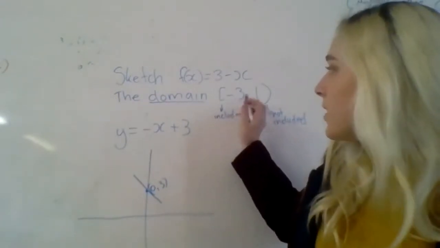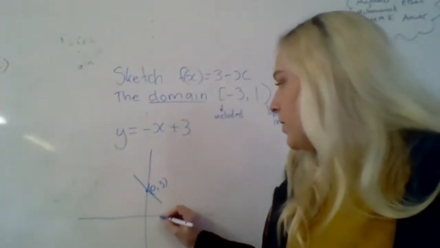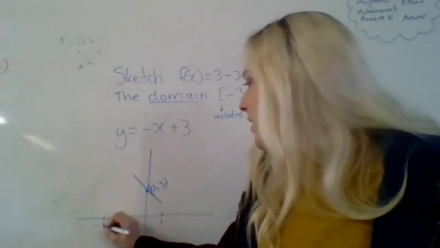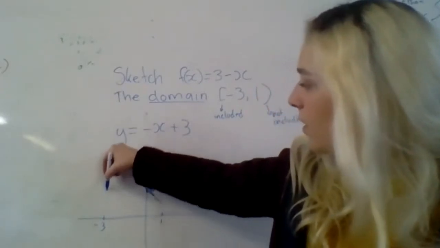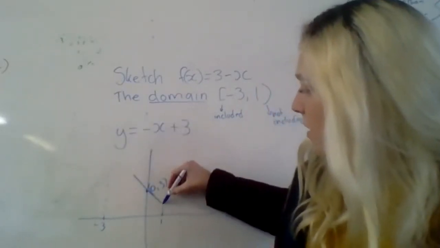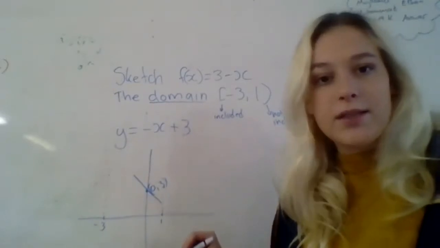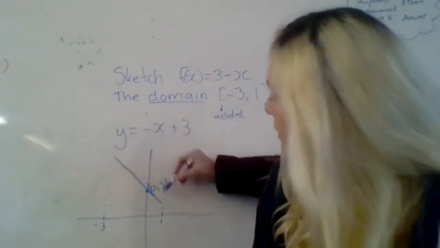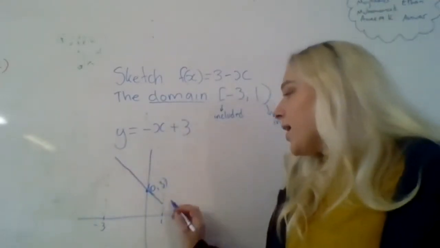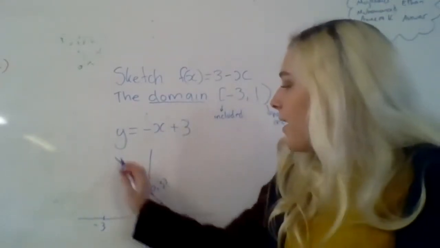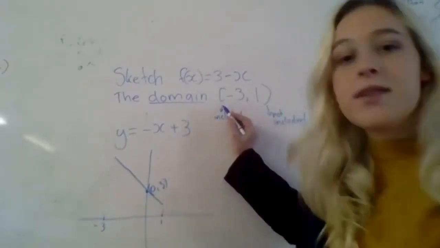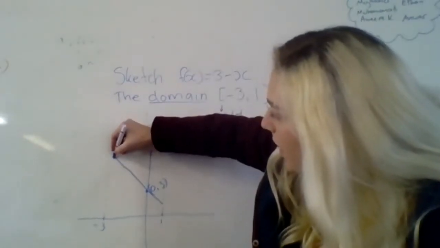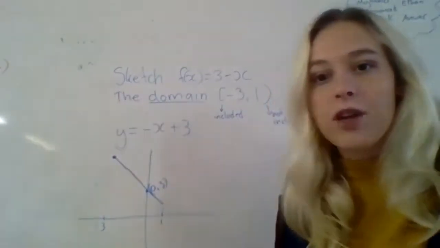So if this is 1 over here and this is -3 over here, we need to think about what's going to happen at both of these points with our straight line. When our straight line is at -3, because our bracket told us that it was included, we end our line by placing a solid round dot.